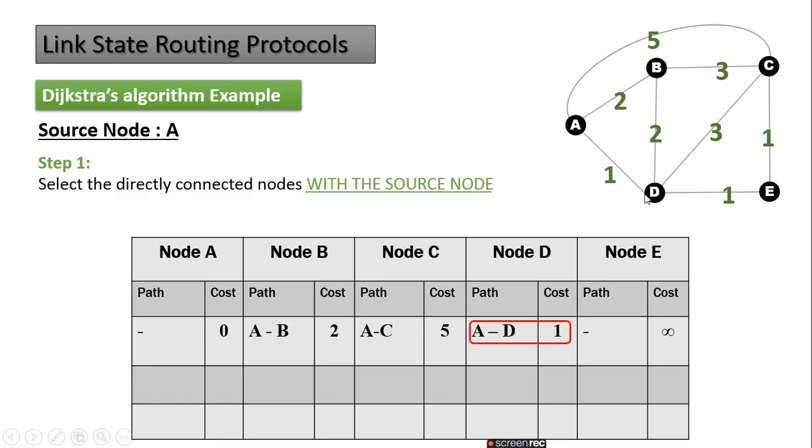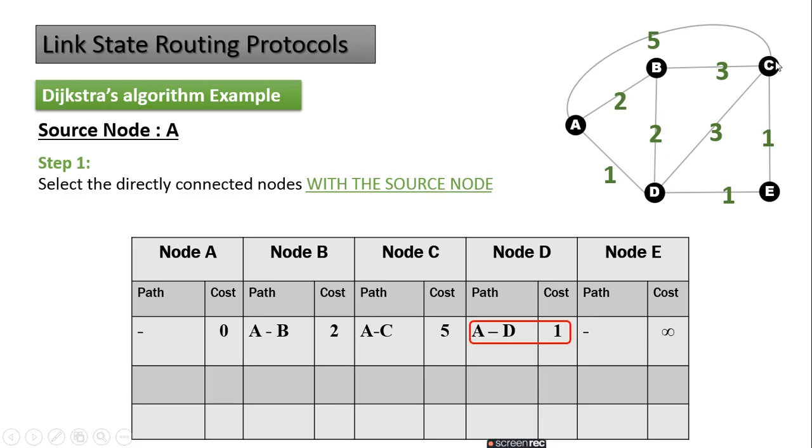So the cost will become ADB3. The cost that we have at the moment is 2. So we can reach via ADB. However, the cost will be higher than what we have here. So we are not going to worry about it. We are writing the existing value because the one that we have already is lesser than the newer part that we are getting.